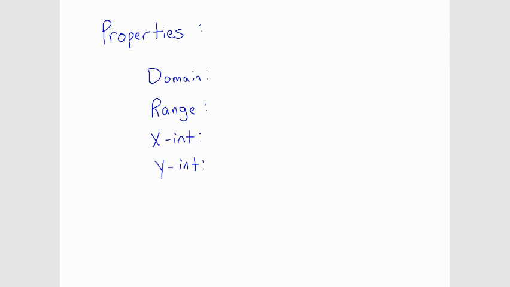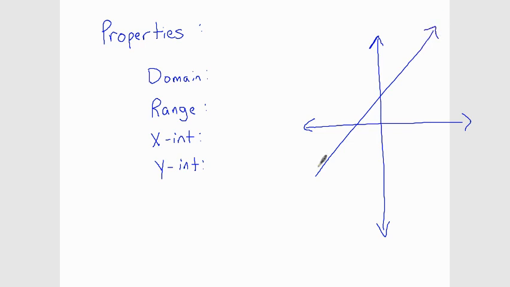Now, the domain is, well, let's draw a general graph off to the side here. And I'll draw an increasing graph, but without loss of generality, we can apply the same thinking to a decreasing graph, okay? And if you don't believe me, you can go back to the beginning of the video and apply that to the graph we drew out at the beginning.